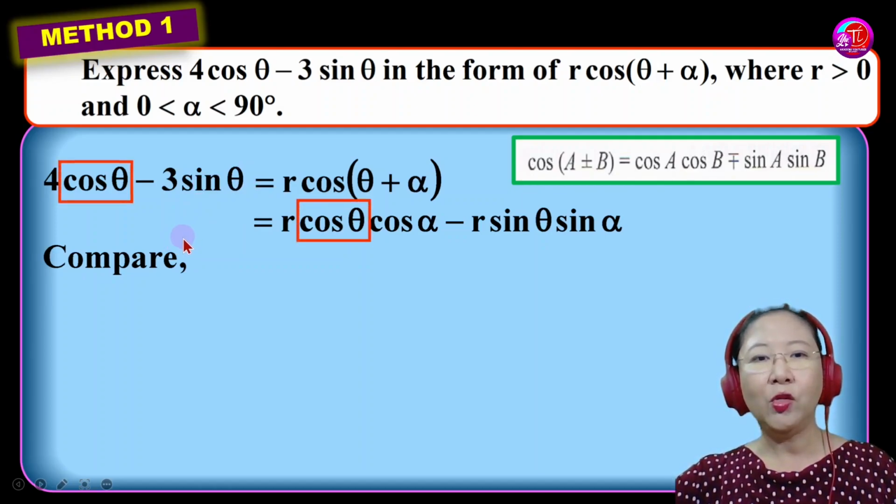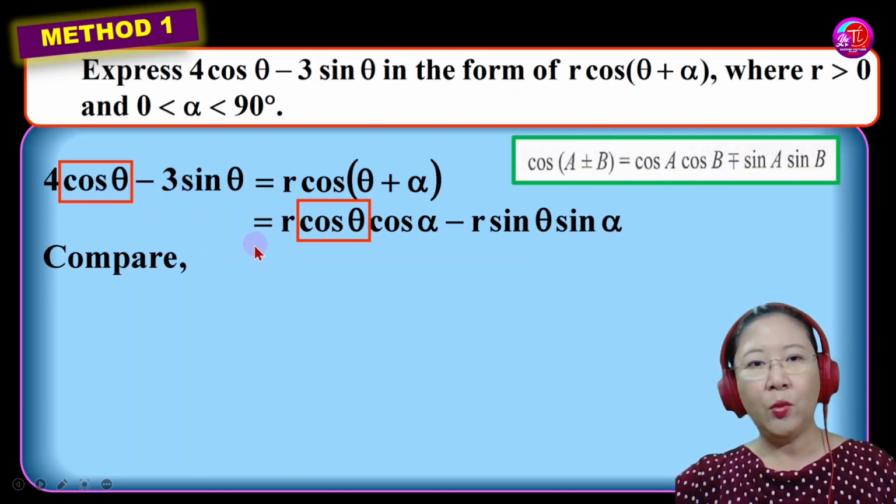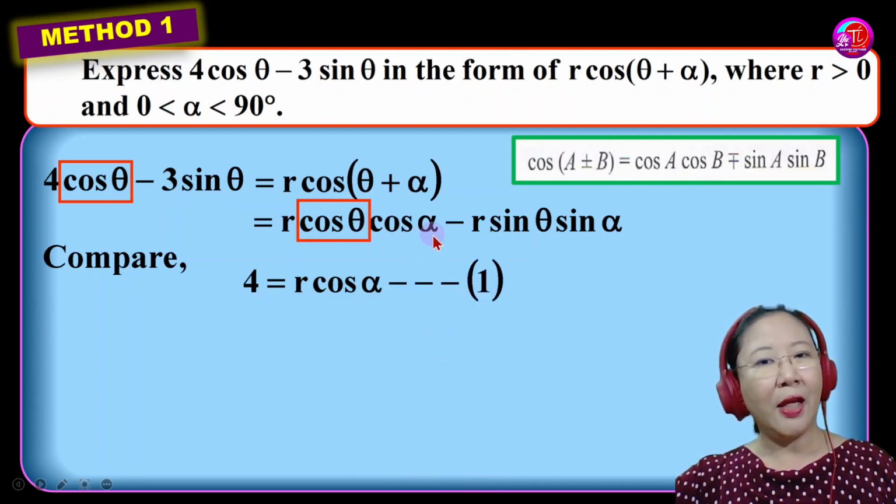We will refer to the cos theta, and we see whatever is in front of the cos theta, for this case it is 4, and we write it for those which we expanded. So we have the R here and the cos alpha here. So we will write equation 1 as 4 equals R cos alpha. Okay, once we have done that, that will be our equation 1, as I said just now.